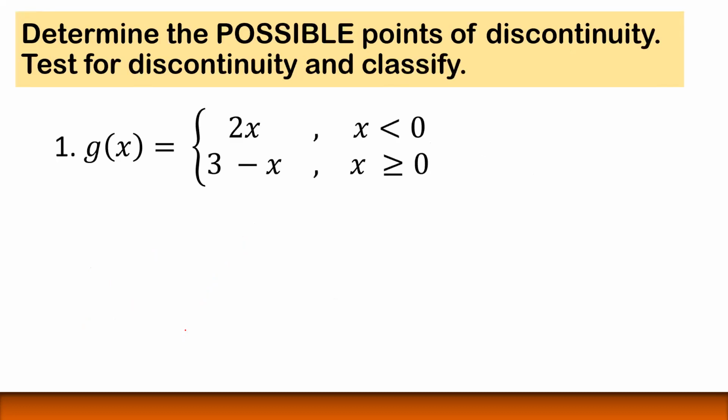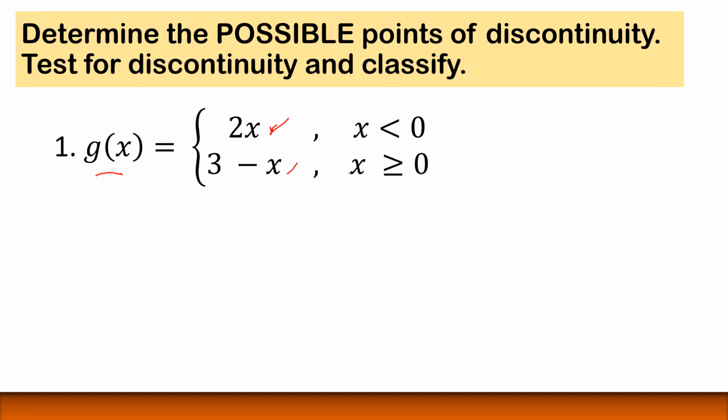Okay. Now, let's move on to this one. This time, we're not given a graph, but a piecewise function. Let's determine the possible points of discontinuity first. The possible points are where the function has a tendency to be undefined or indeterminate, or where the limit may not exist, because that's where the three conditions might not be satisfied. In this case, it won't be undefined because these two are linear functions, 2x and 3 minus x.